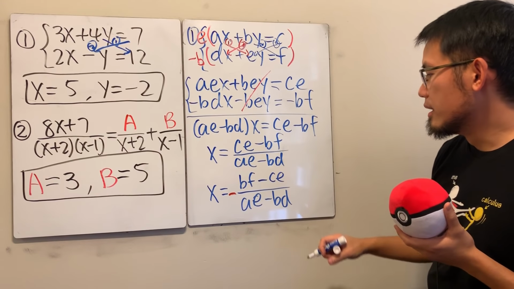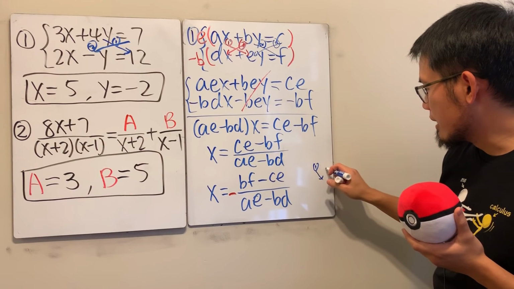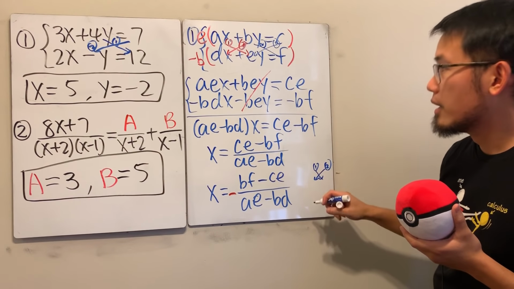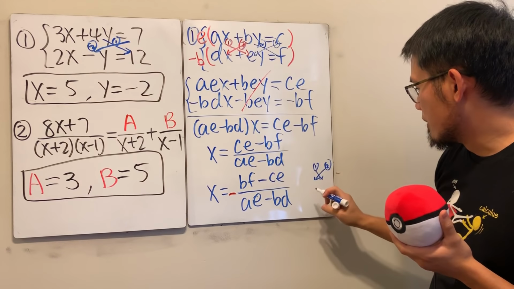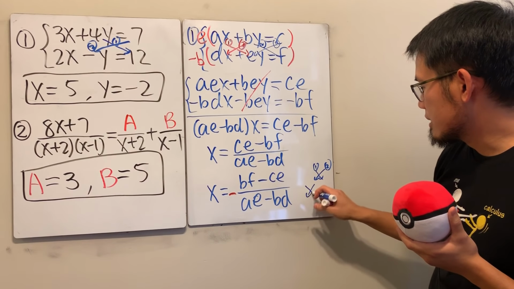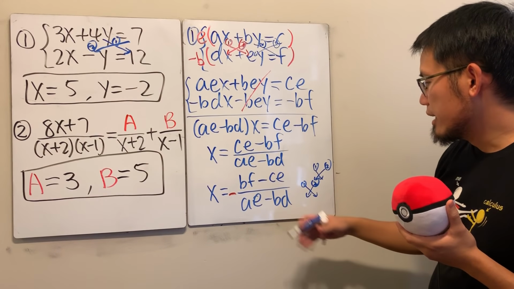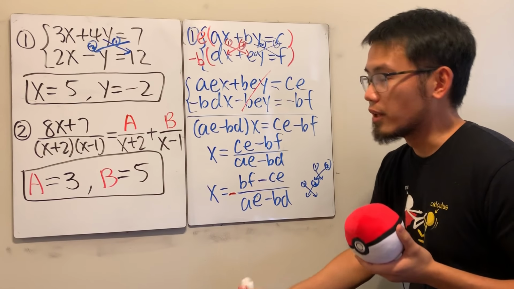So it's like you just do this times this, that's the first, and then that's the second multiplication. And then the second thing you have to do is just divide the front part, which is like this times this, and this times that. And in the end, just remember, if you are solving for x, you will have to negate the result.